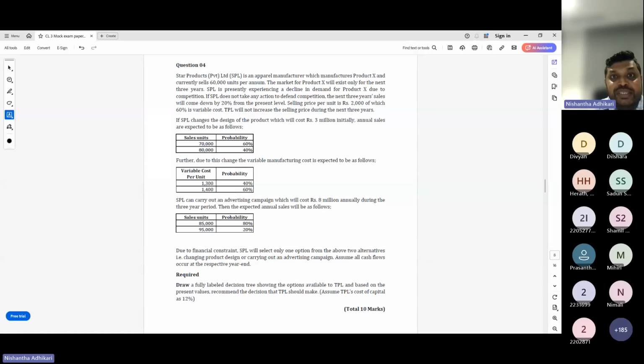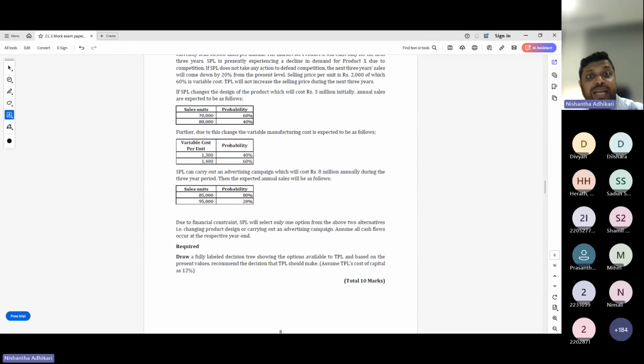If SPL changes the design of the product, which will cost rupees 3 million initially, annual sales are expected to be as follows: 70,000 with 60% probability, 80,000 with 40% probability. Further, due to this change, the variable manufacturing cost is expected to be either 1,300 or 1,400 with the respective probabilities. SPL can carry out an advertising campaign which will cost 8 million annually during the 3-year period.